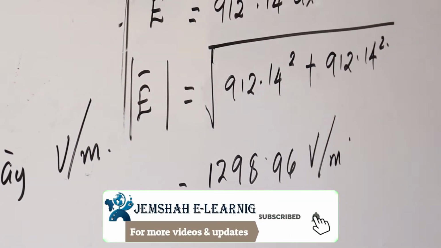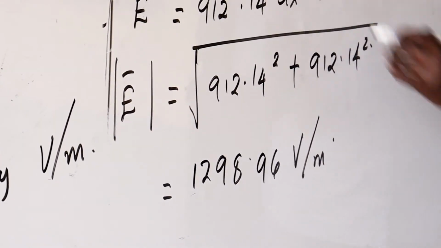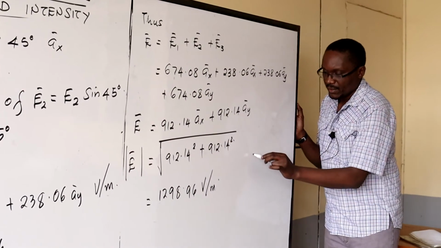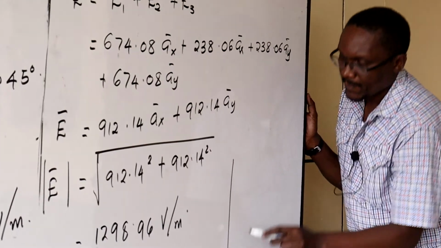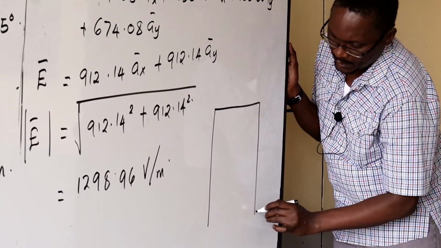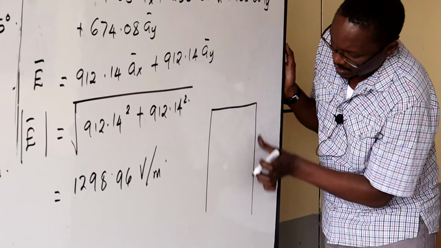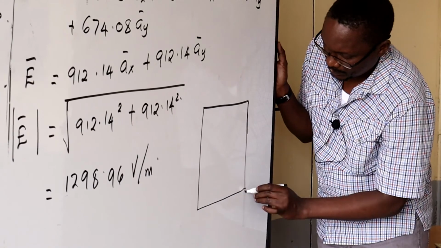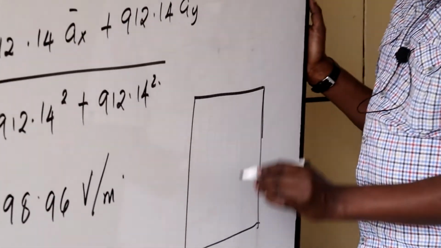And if I was to sketch this, the electric field intensity at the vacant point, because this is the direction, then I'll have my sketch as simply as, assuming that this is a square, yeah.